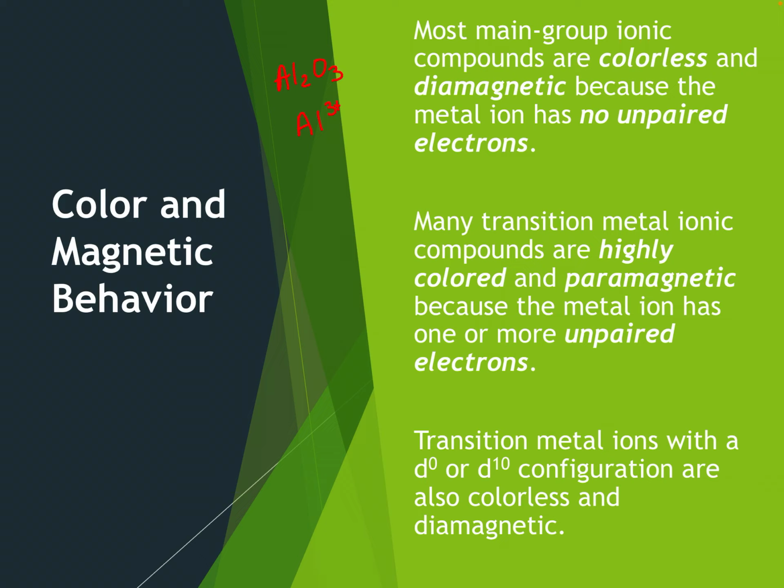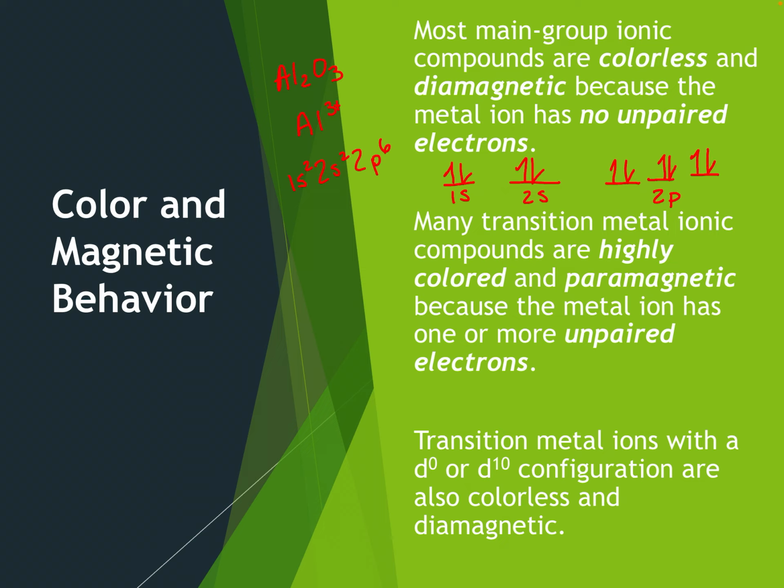And when it loses those 3s and 3p electrons, it has a complete electron shell underneath, because its electron configuration will be 1s2, 2s2, 2p6. All of those orbitals are filled. They're all paired, right? We have all even numbers, and if we looked at the orbital diagram, we would have 1s, 2s, 2p, and it would all be filled. So all of these electrons are paired.